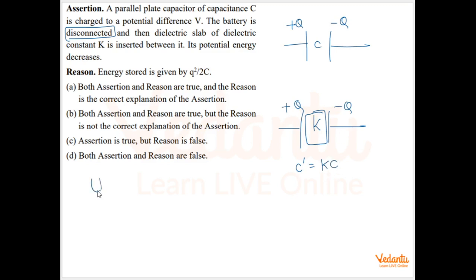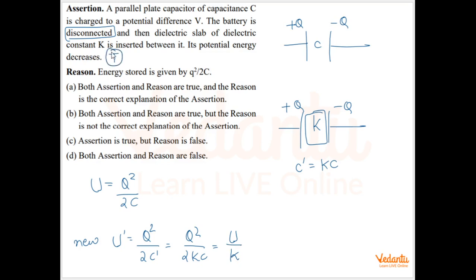Now the original energy stored will be Q square by 2C. The new energy stored, my dear bachcha log, will be Q square by 2C dash. That will be Q square by 2 times KC. That will be U by K. So of course the potential energy decreases. It is true.